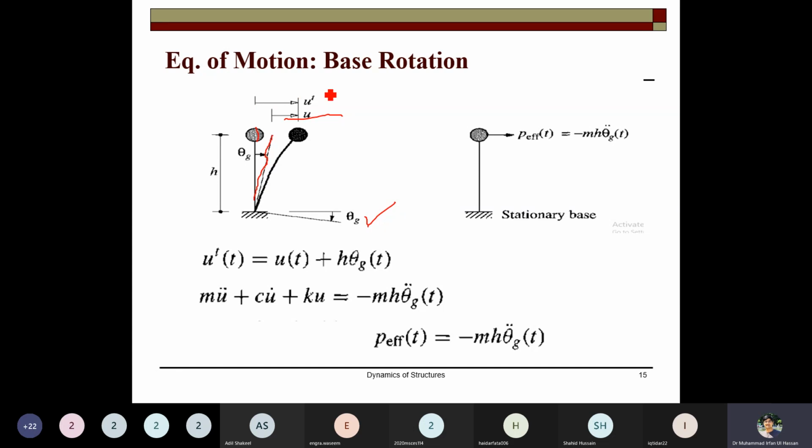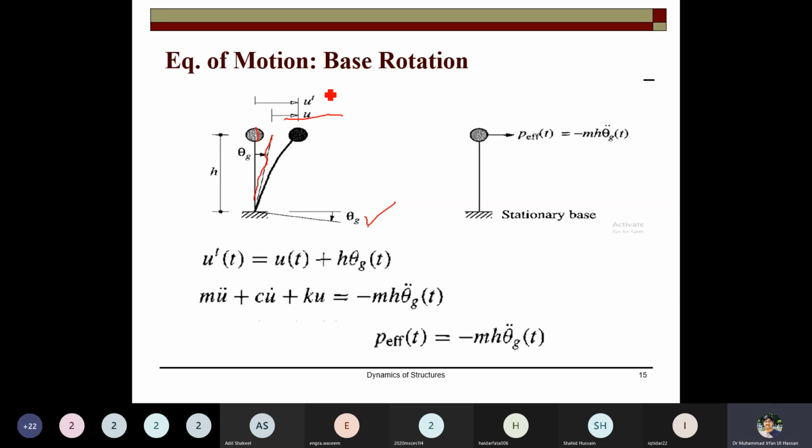Now ut will be equal to what? Ut will be equal to the sum of the displacement produced by the stiffness of the body system plus the ground displacement.